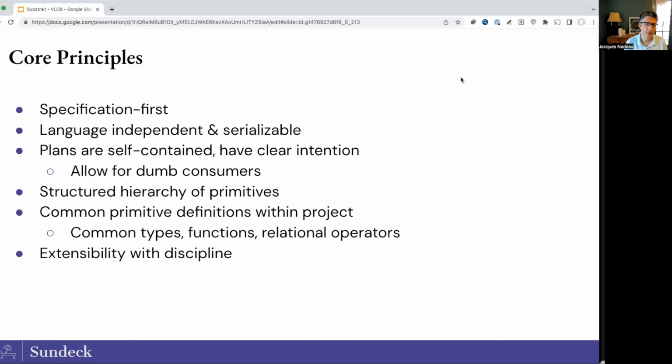And so when we sat down, we said, okay, well, how do you build a project like this? And really, we started with what we did in Arrow, which is we said, this needs to be a specification first project. It can't be an implementation first project. And it needs to be specification first that's language independent and serializable, right? It's very similar in some ways to Arrow, but in some ways it's very different. One of the big key concerns in Arrow is that you're going to have a large amount of Arrow data, and you don't want to have to constantly transform that.